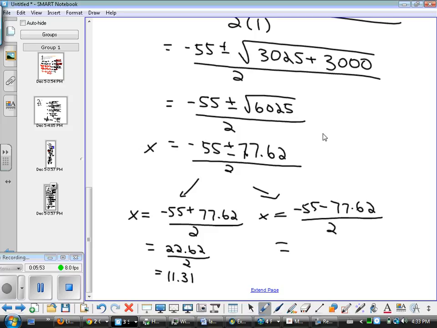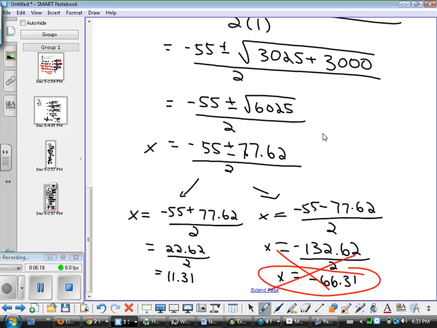At some point you might be thinking, hey, wait a sec, I can't have a negative length. And since you know that x is the width of that strip, we're going to have to reject that root because we're not going to have a negative width on our strip.